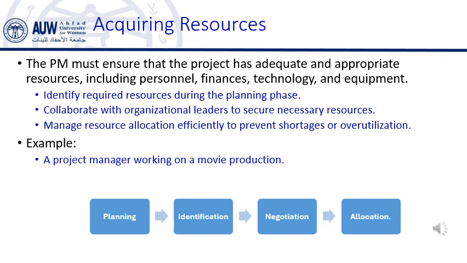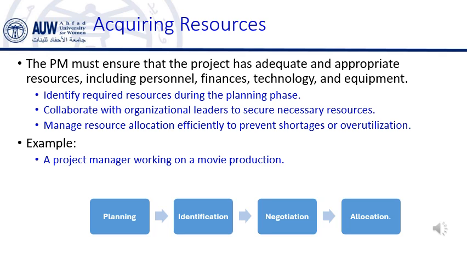Technology: cameras, lighting equipment, and editing software. Money: securing funding for the production. In this case, the PM must negotiate contracts with actors, hire technical staff, ensure the necessary equipment is available, and manage the budget to keep costs under control. Without these resources, the production can't move forward.